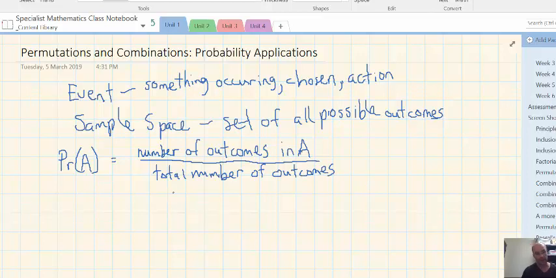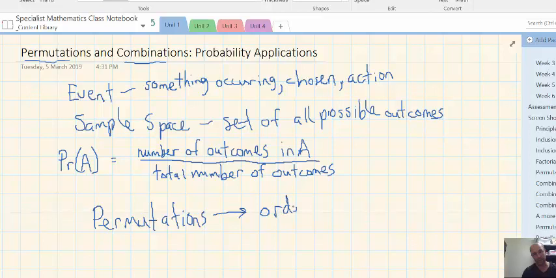And just a few things, because we're going to apply permutations and combinations. Remember that when we're talking permutations, we're talking ordered, so order is important, ordered arrangements, okay?